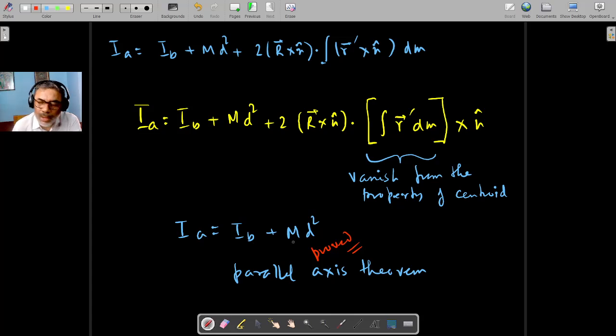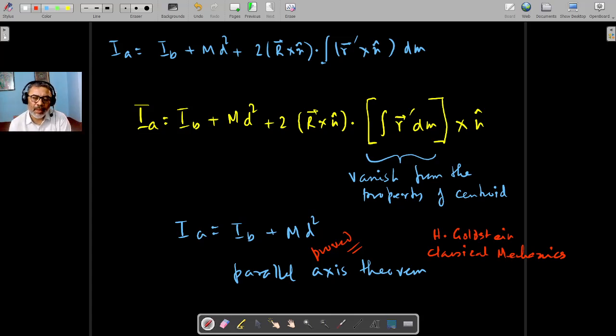And we know the total mass and we know the distance of another axis which is parallel to the first axis. The second axis is called axis A. Then IA equal to IB plus M d square. And I have taken this proof from the book of H. Goldstein. So I hope that this discussion will be useful for you, and thank you for watching.